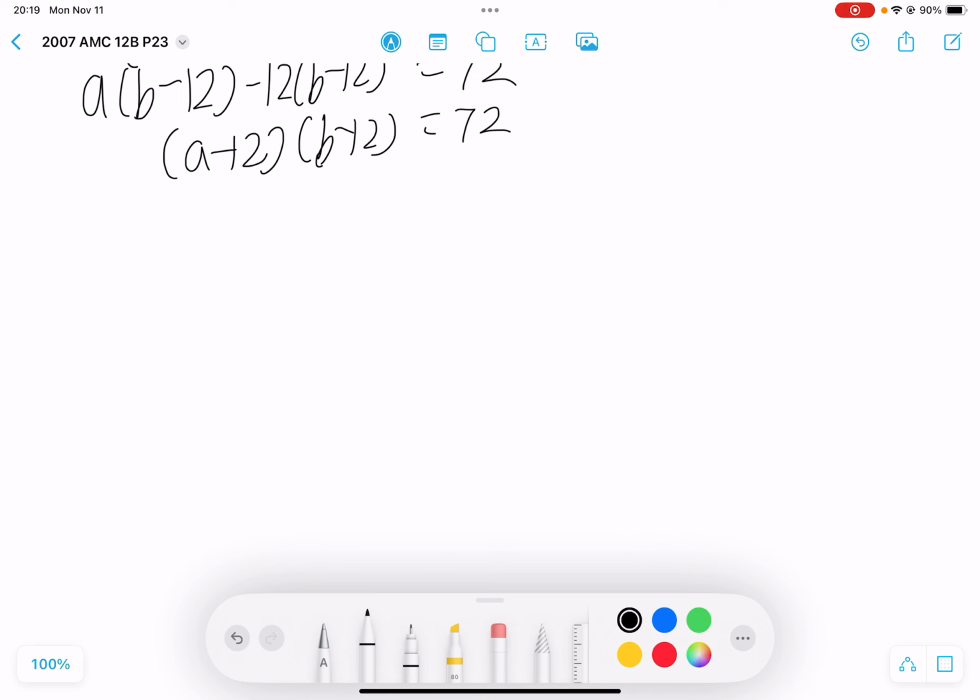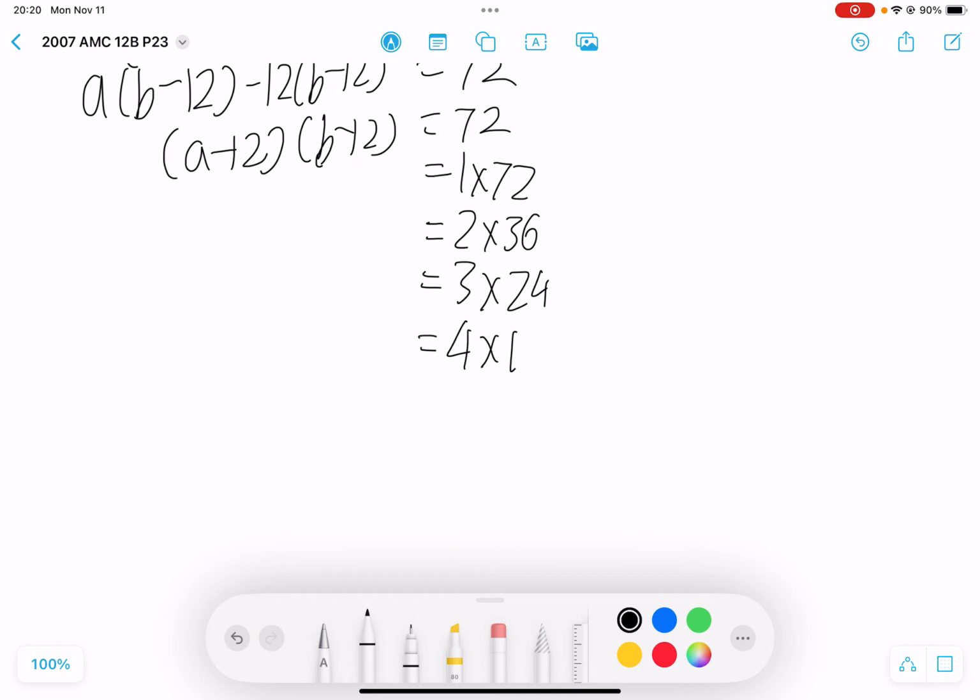So, 72 is 1 times 72, 2 times 36, 3 times 24, 4 times 18, 6 times 12, 8 times 9. That's all. Okay, so when it's 1 times 72, A is 13 and B is 84.